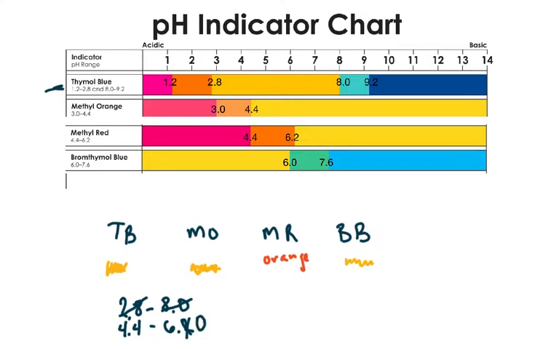So you can see with these indicators, I can narrow my range down to about 1.5 pH units. And then using the pH paper, hopefully you can narrow it down even more.